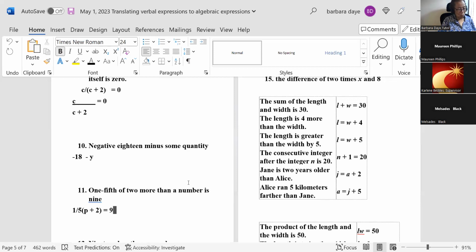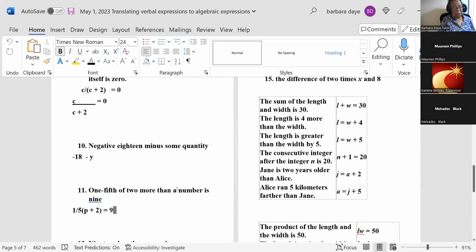One-fifth of 2 more than a number. Maureen said the fraction one-fifth, and 2 added to her number P, that's 2 more than a number, equals 9. Where did the P come from?